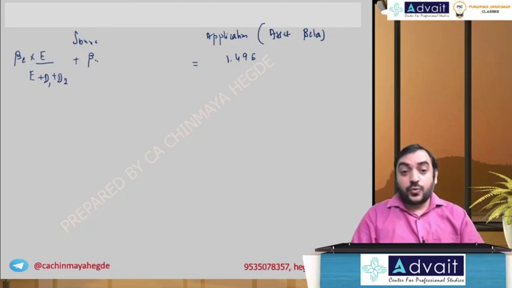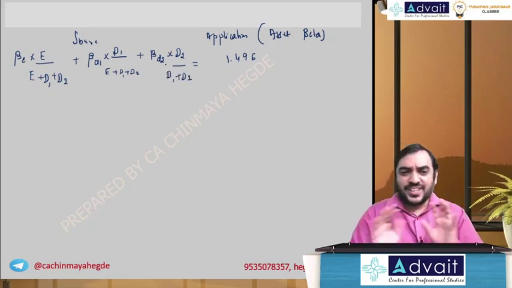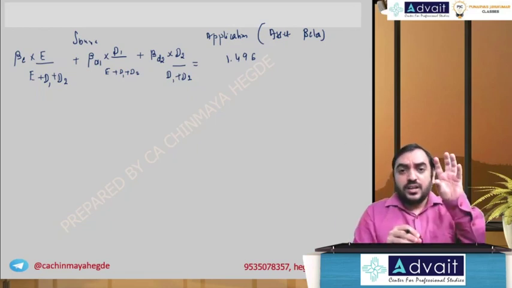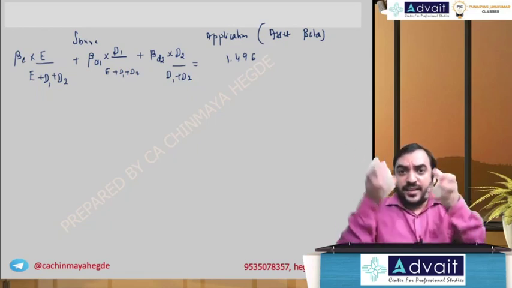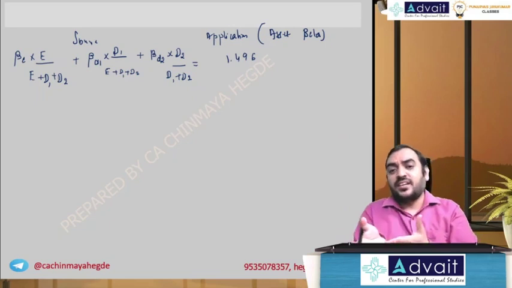Plus beta of debt 1 into D1 divided by E plus D1 plus D2, plus beta of debt 2 into D2 divided by E plus D1 plus D2. Hope you are not offended by the short forms we use. It just means equity, debt 1, debt 2. We take these 3 betas, we take these 3 weights, multiply and take the weighted average, and you get the answer.